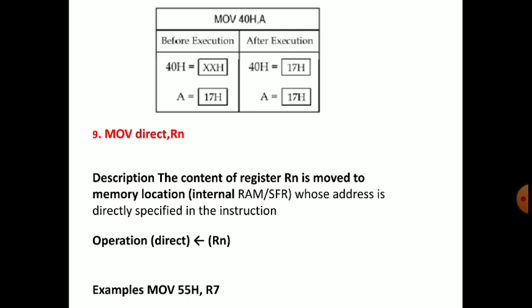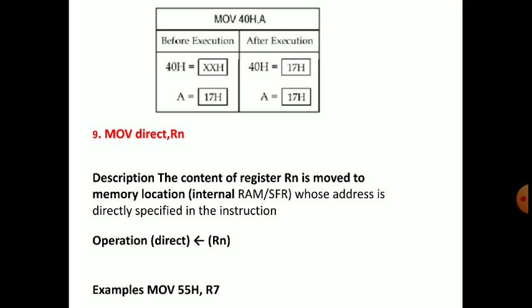So here the source is the register in which we have the required data, and the destination is an address mentioned in this instruction, which is a memory address of the 8051 microcontroller. So what will happen when this instruction is executed by the microcontroller?